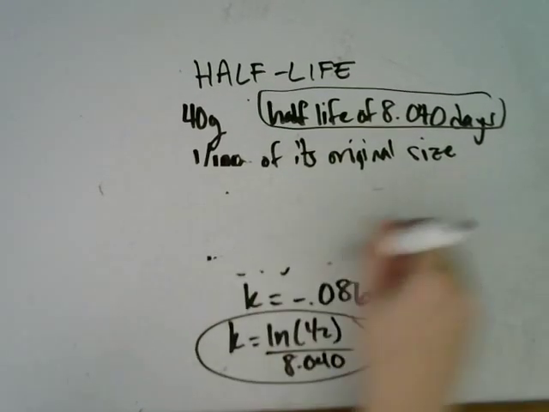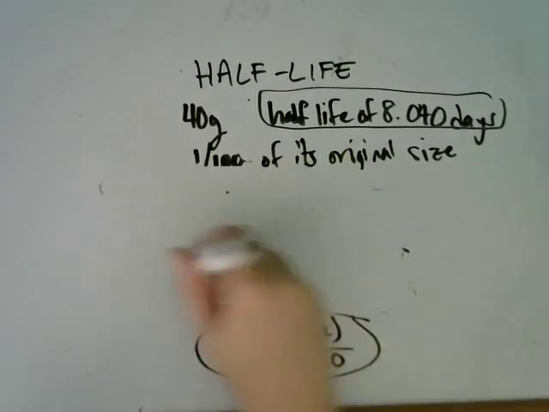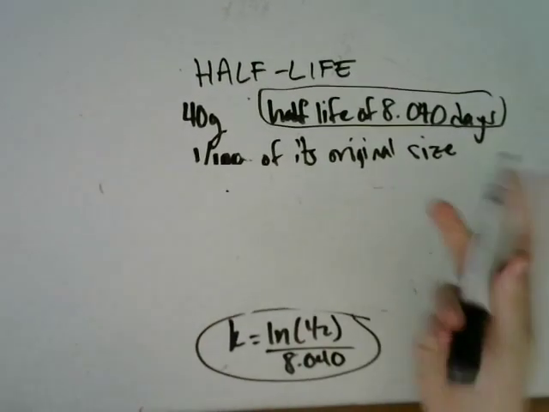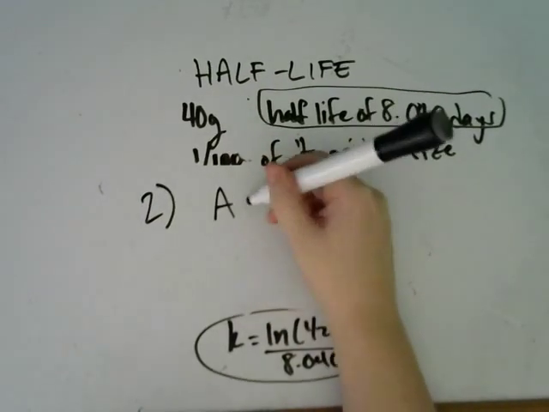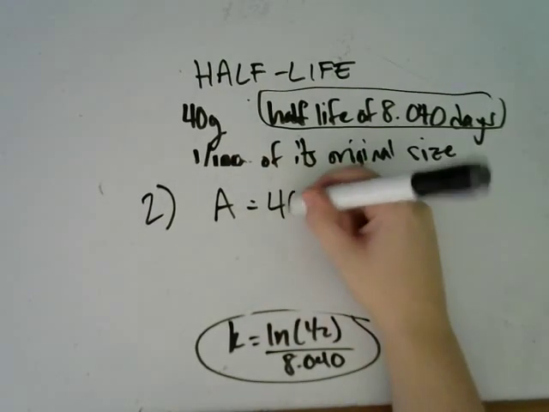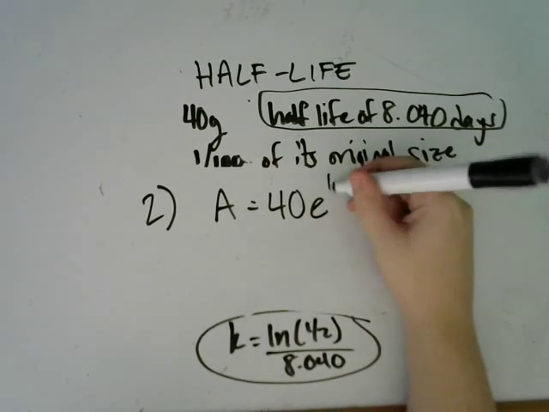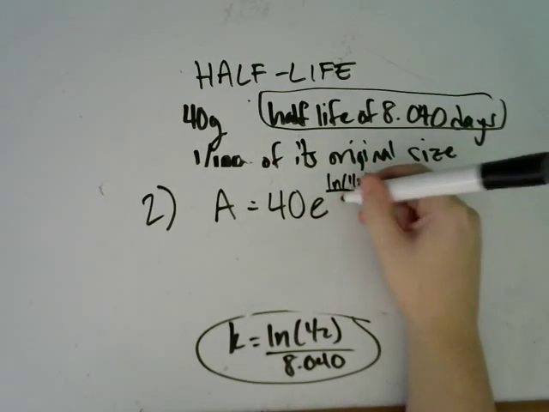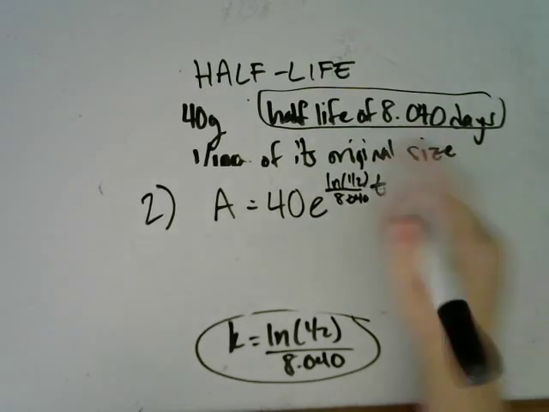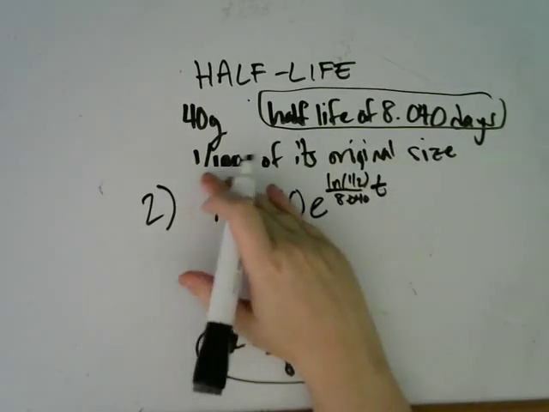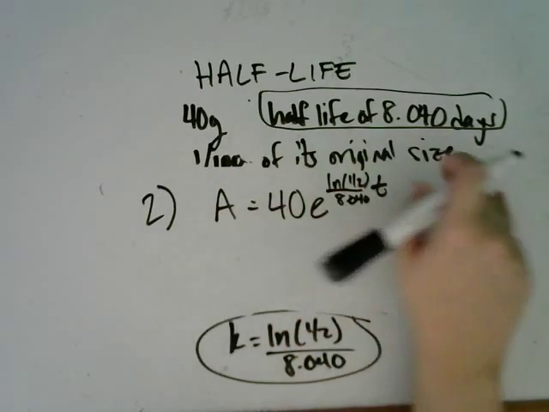Once you have the rate of decay, you move on to step 2, which is to create a model and actually solve the problem. So in this example, we have 40 grams initially, a decay rate of ln 1/2 over 8.040 to the t power. And the question is, when will it be 1/100th of its original size?